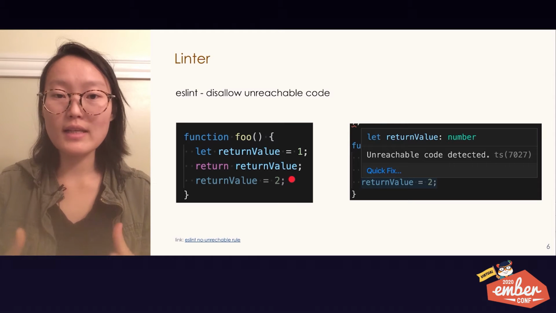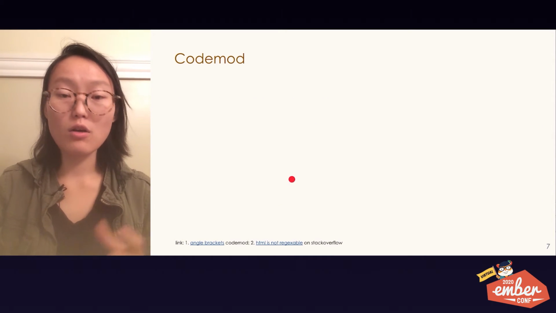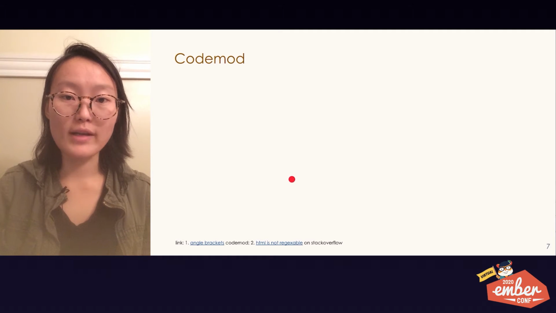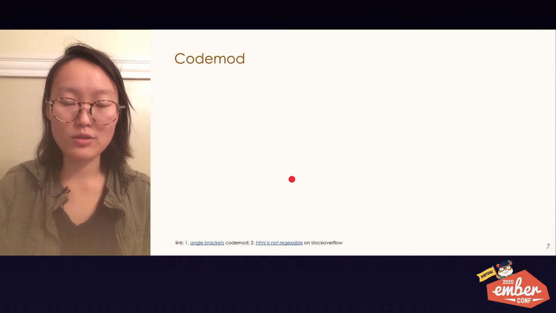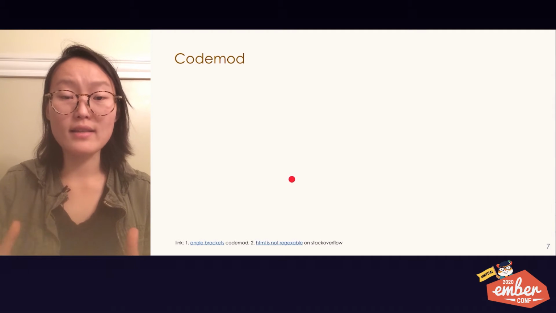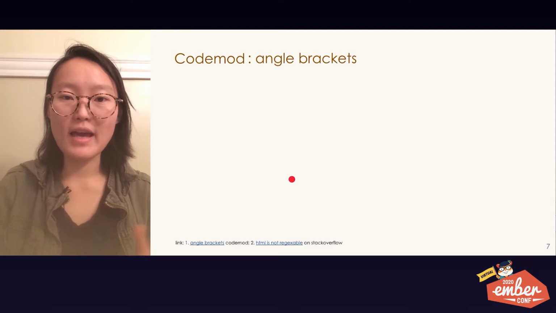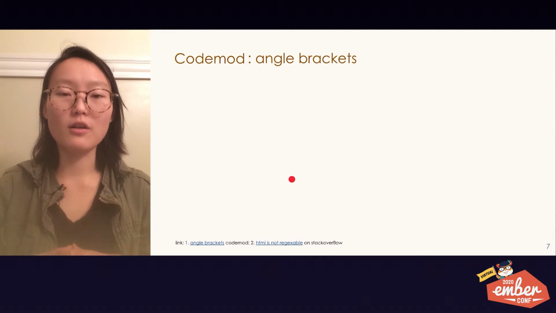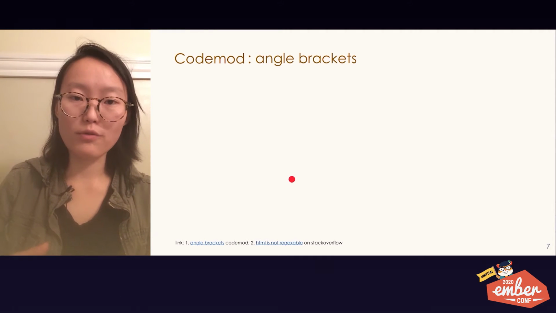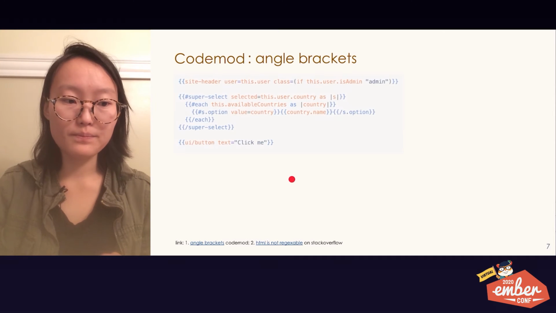But for the next thing, I'm going to look at another tool, CodeMod, that I mentioned a little bit before, and I want to go a little bit more in depth into it. CodeMod enables us to bulk edit syntax within your code base. A lot of us may have gone through the transition of upgrading from Ember 3.4 to Ember Octane.